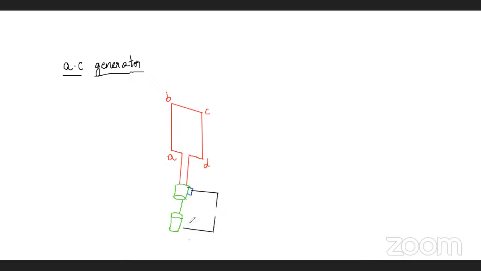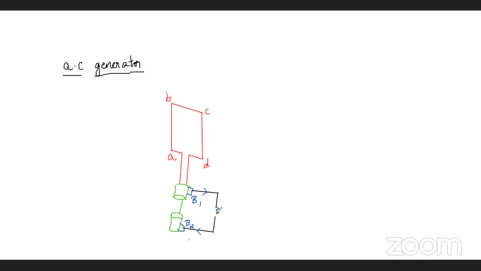Here you are having one more carbon brush. This is carbon brush number 1, B1, this is B2. This is the direction of the current in the external circuit.